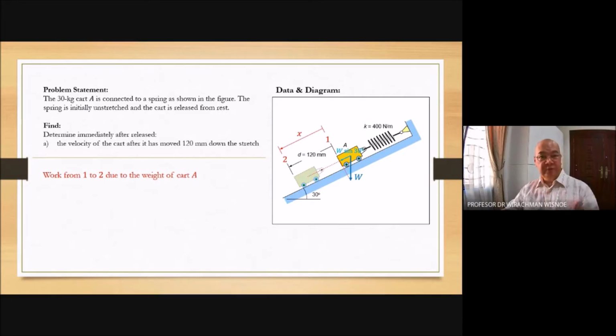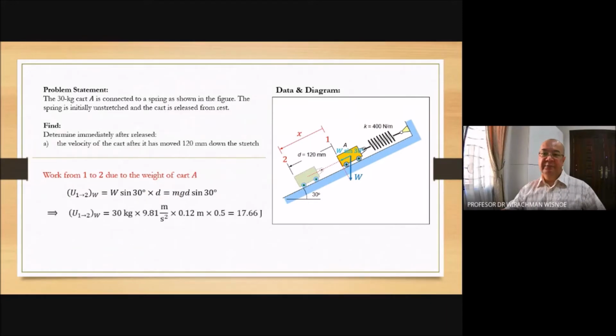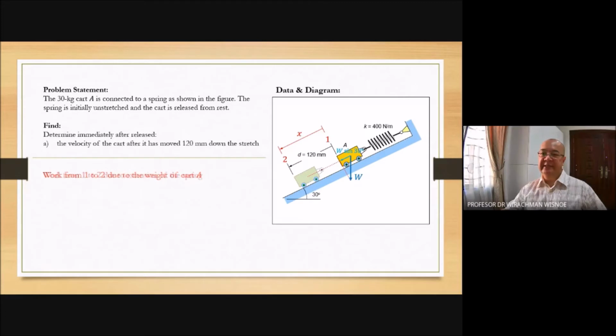Of course, you convert 120 millimeters to meters. That is m g d sine 30. If you put the value, you have 17.66 joule. Joule or newton meter, same thing.